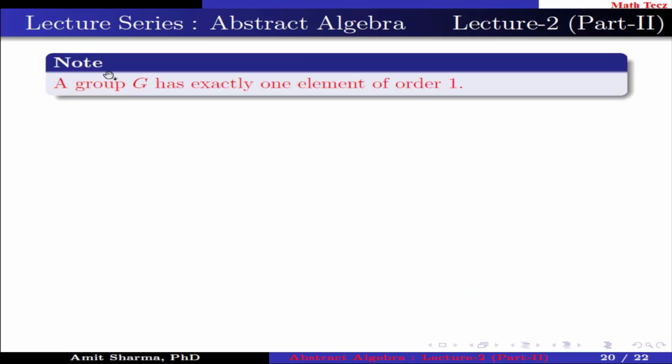Note: a group G has exactly one element of order 1.